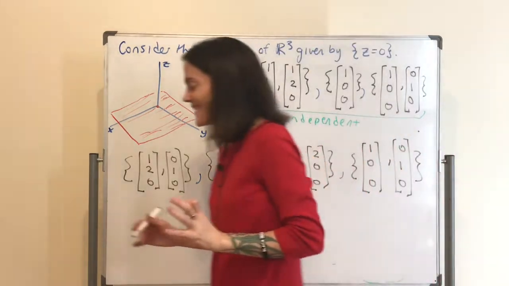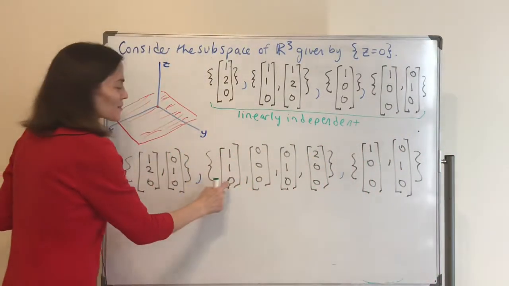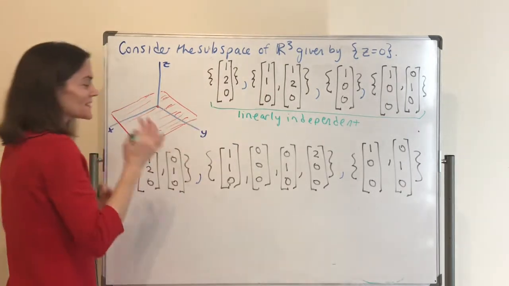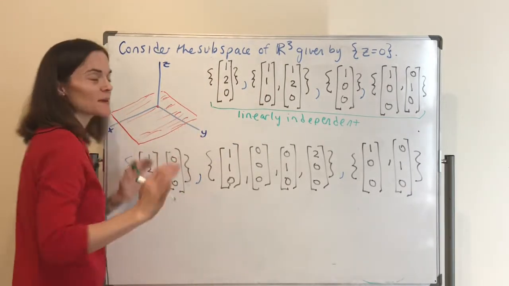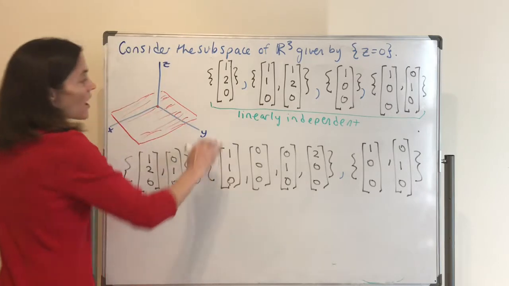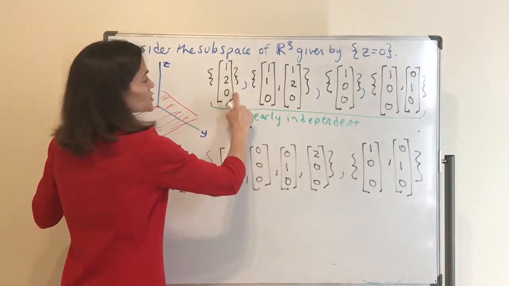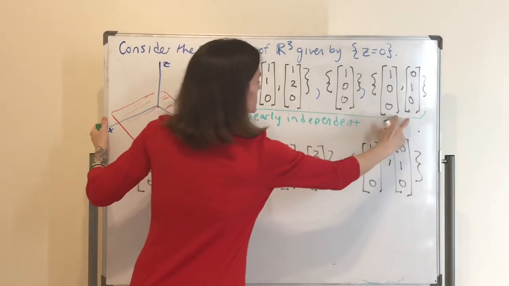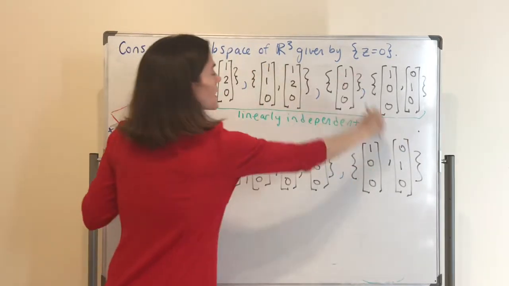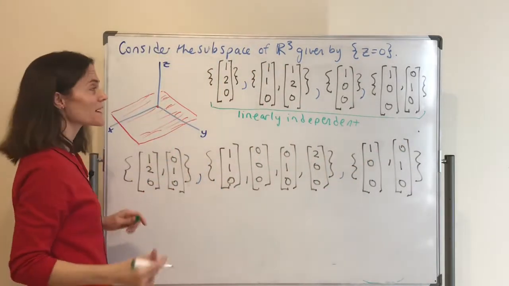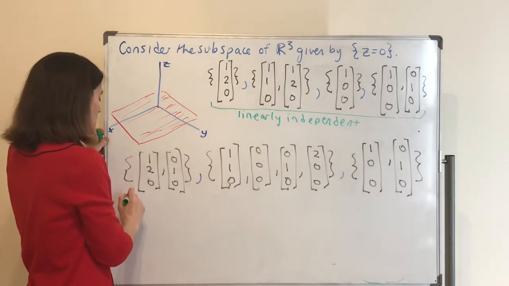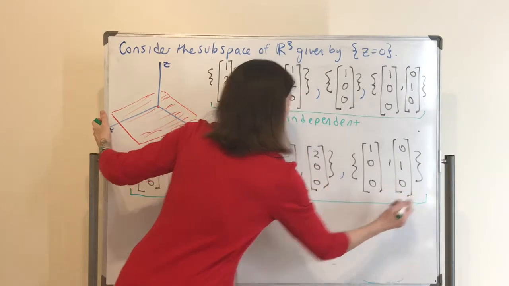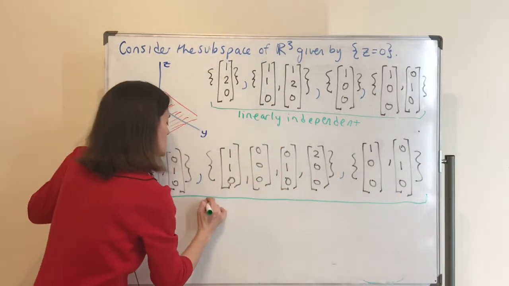First, when I was drawing, I put a 1 here and I was like, no, not in the subspace. But everything on the board is a vector in the subspace, and then I have them in collections. This collection is just one vector. These two, this one, these two. These are collections of linearly independent vectors. And down here, these are collections of vectors that span.